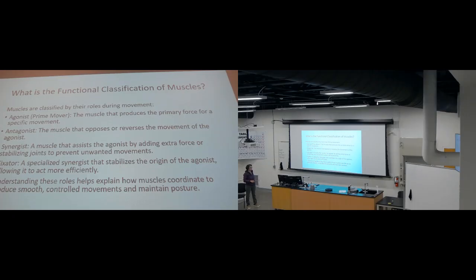This makes the contraction of that muscle much easier. In this case, you call it a fixator, so it's a special type of synergist. Understanding this helps you understand how you have controlled movements and how you maintain posture.